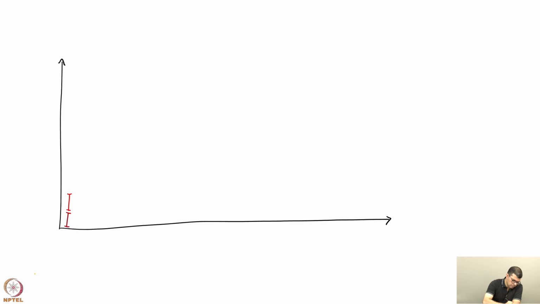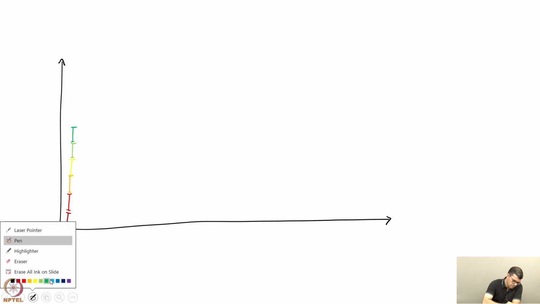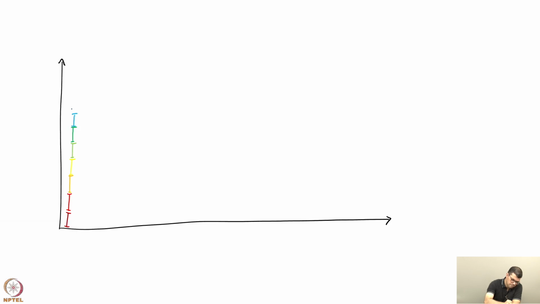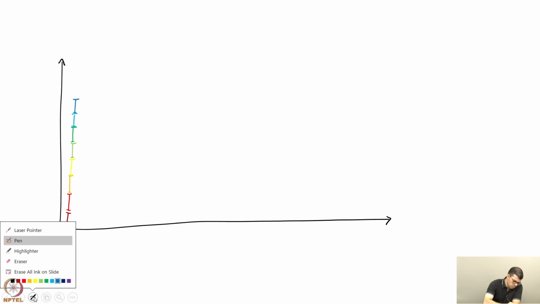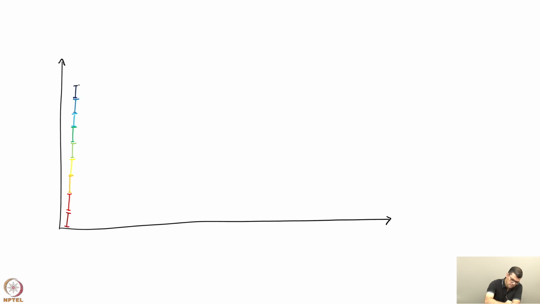Let me quickly draw a few. That was the starting point. Two more. This was the starting point in jar number 1.